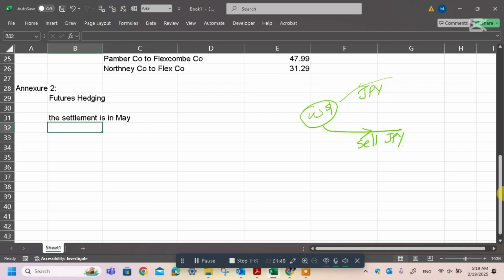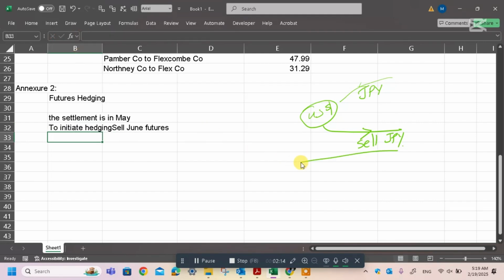So let's put it this way. Sell June futures. They will initially sell the June futures to start the hedging, to initiate hedging. They should sell the futures.